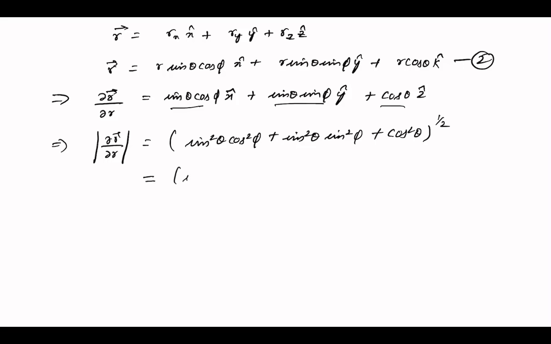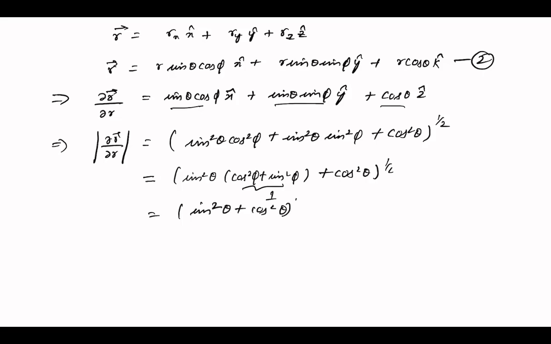Take sin square theta common, you're left with cos square phi plus sin square phi, which is 1, so what we are left with is sin square theta plus cos square theta to the power 1 by 2, which is 1 to the power 1 by 2, equal to 1. So the magnitude of del r by del r is 1.